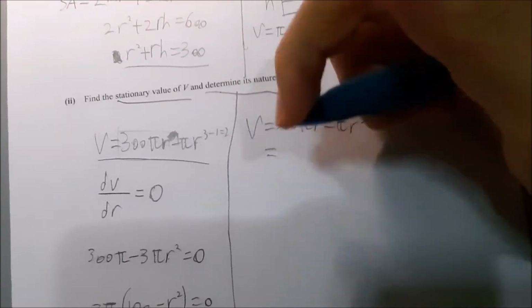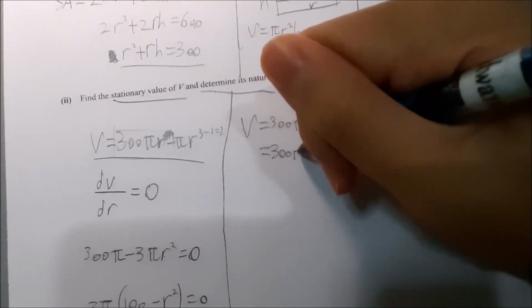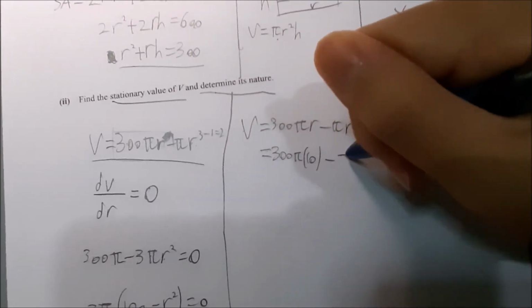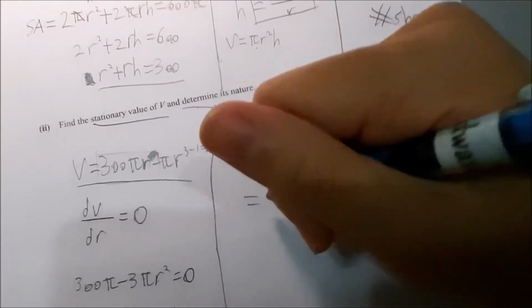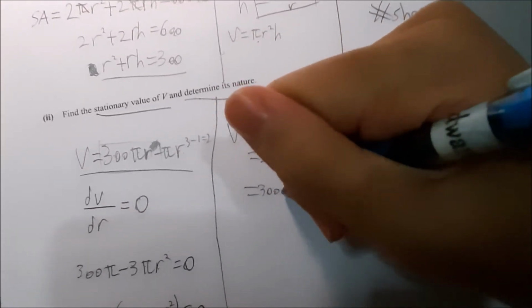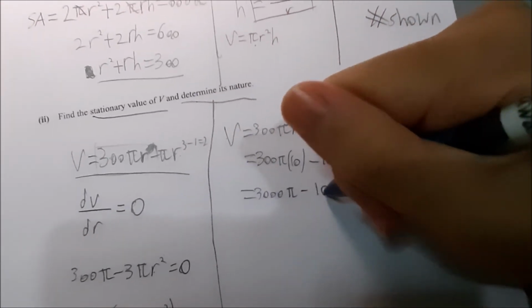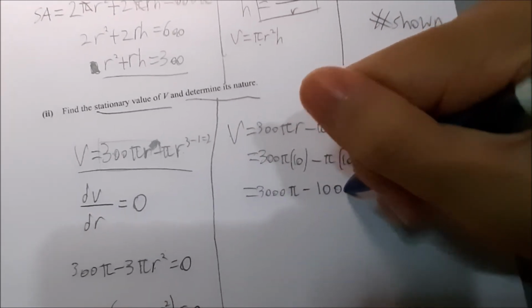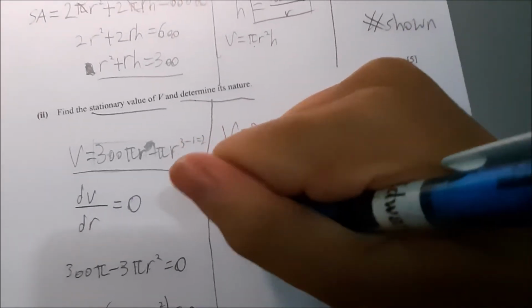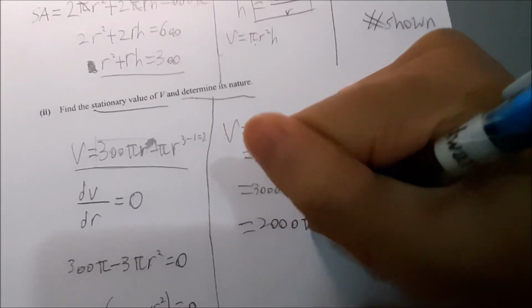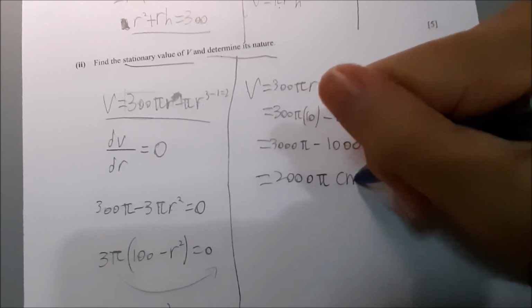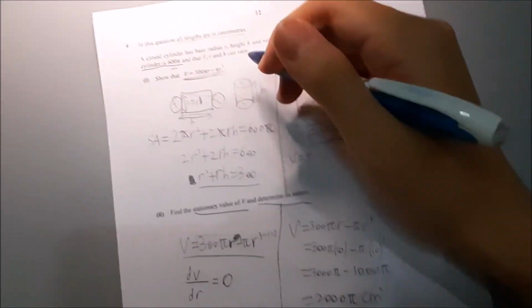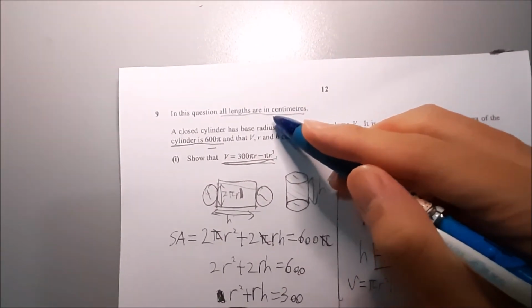If you substitute the r value inside, it becomes 300 pi times 10 minus pi times 10 cubed. So this becomes 3000 pi minus 1000 pi, as 10 cubed is 1000. This becomes 2000 pi. So the V value will be 2000 pi cm cubed, as all lengths are in centimeters.